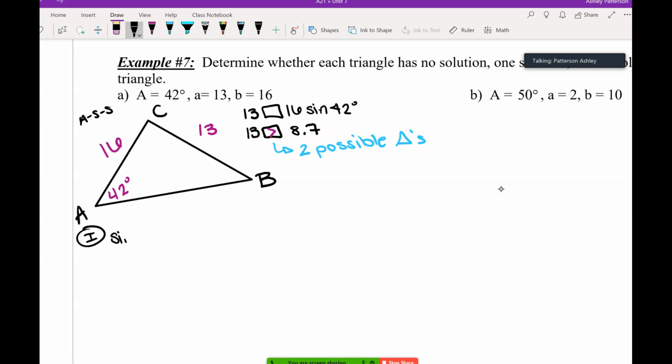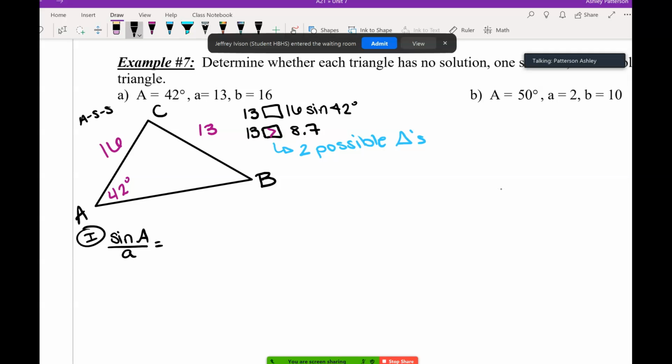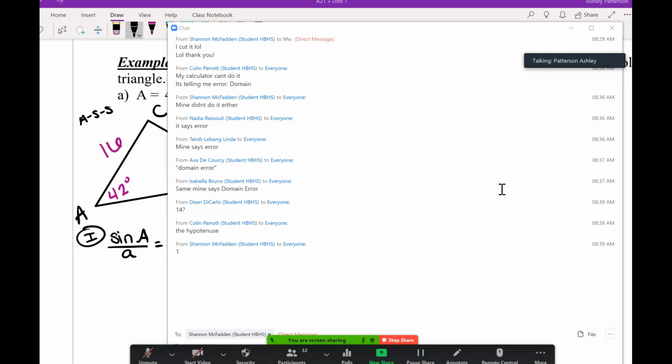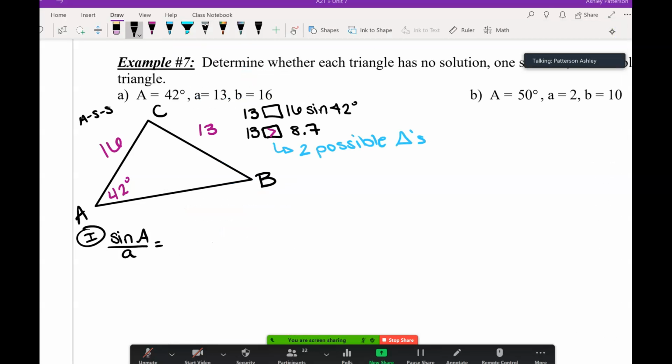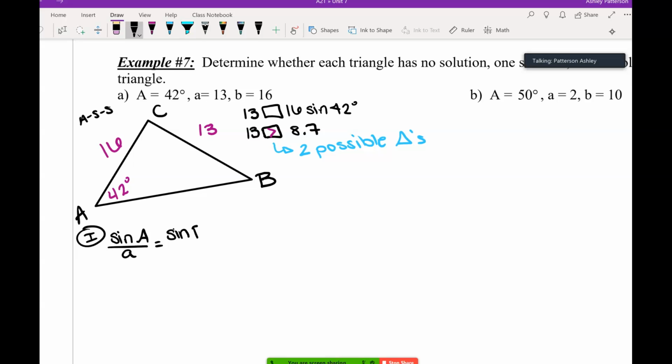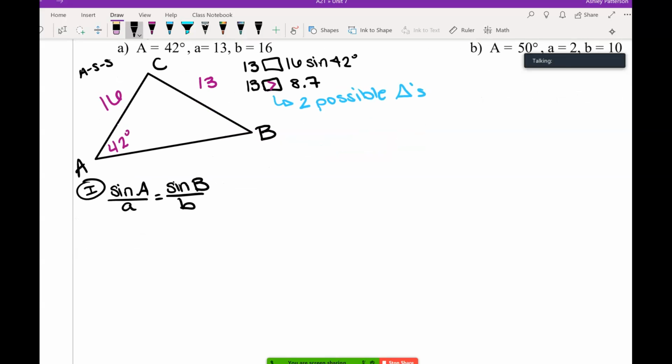So sine of angle A over little a, and I'm going to set it equal to the sine of B, because the only other piece of information that we have is little b. Okay, plugging in what we know, I'm going to say that the sine of 42 degrees over 13, which is little a, is equal to the sine of big B all over 16.